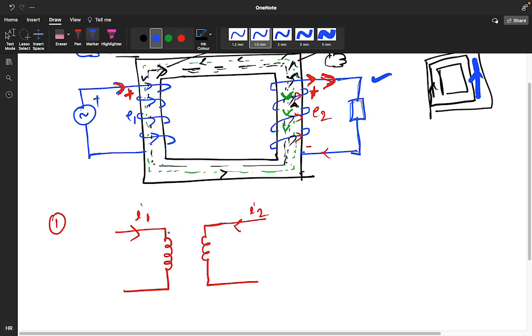If I am giving this as a dot, so in a primary the current is entering in a dot. Assume this particular one is also a dot. I will tell you. This is L2 and this is L1.